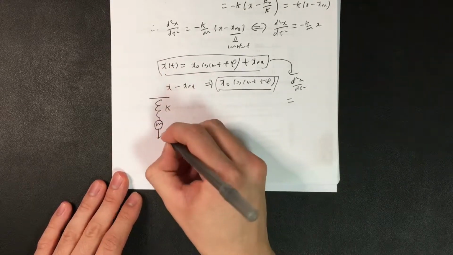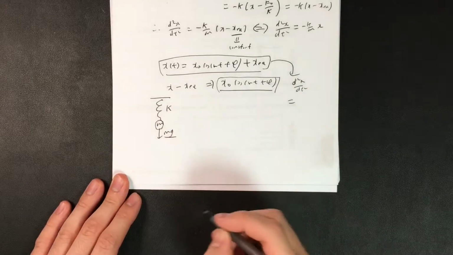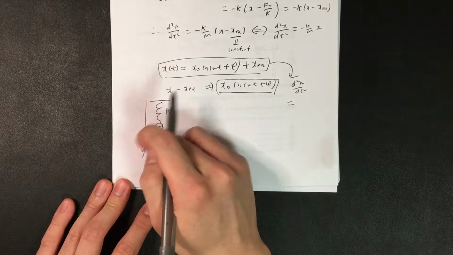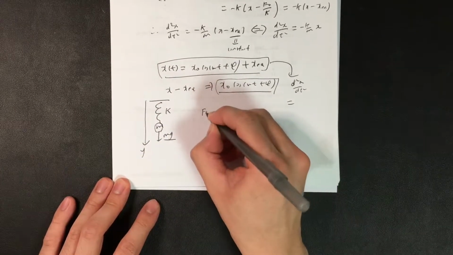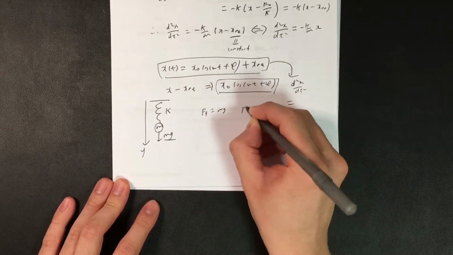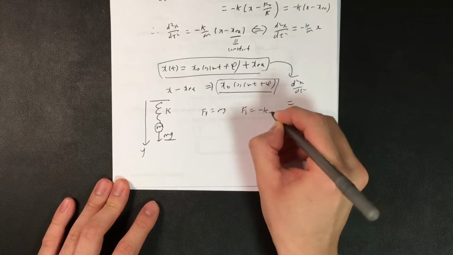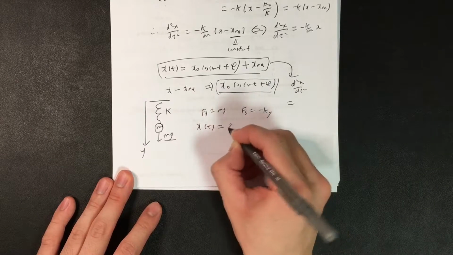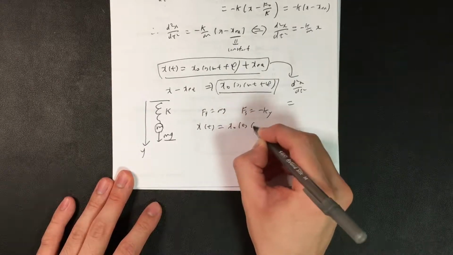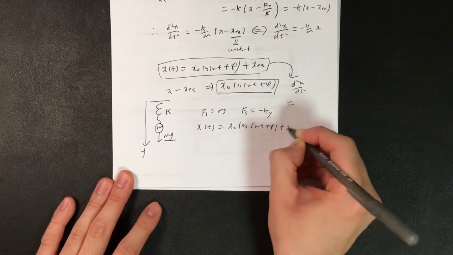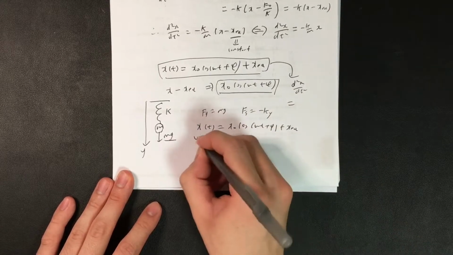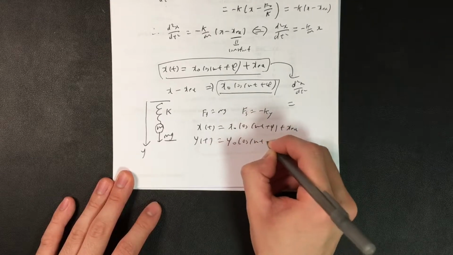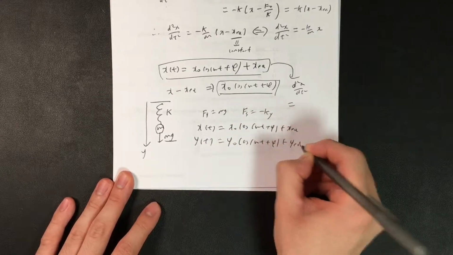So for example, if an object m is attached to a spring with spring constant k vertically, there is going to be the force of gravity, which equals mg. If I set the coordinate system such that the y coordinate faces downward, then the force of gravity equals mg, and the force from the spring equals negative ky. Since x of t was in the form of x naught cosine(omega t plus phi) plus x equilibrium, similarly, y of t is going to be y naught times cosine(omega t plus phi) plus y equilibrium.